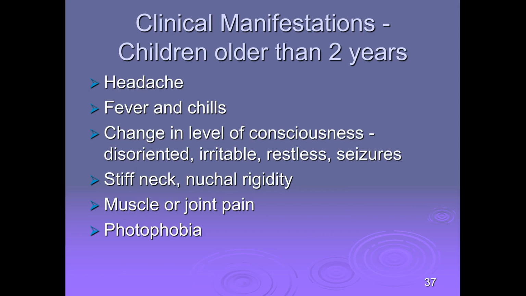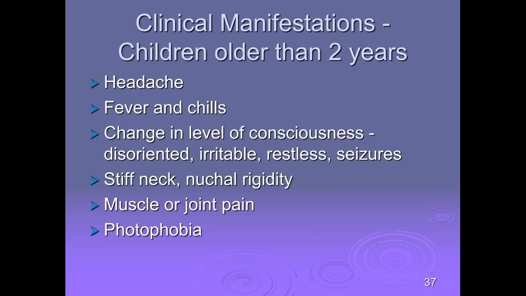Older than 2 years of age, this is the more classic sign of meningitis that you would think of, with the headache, the stiff neck, the nuchal rigidity, the fever, the chills, change in level of consciousness. This is what you think of when you think of bacterial meningitis.